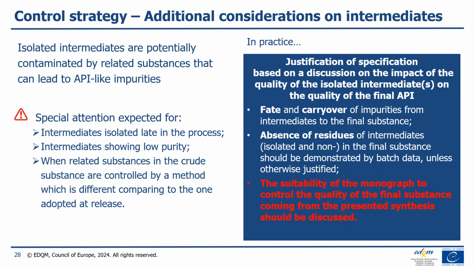We do want to see demonstration of absence of residues of the intermediates in the final substance, unless otherwise justified, of course, for instance for highly reactive compounds. And a very important point, which brings us to my onboarding message: the suitability of the monograph to control the quality of the final substance coming from the presented synthesis.